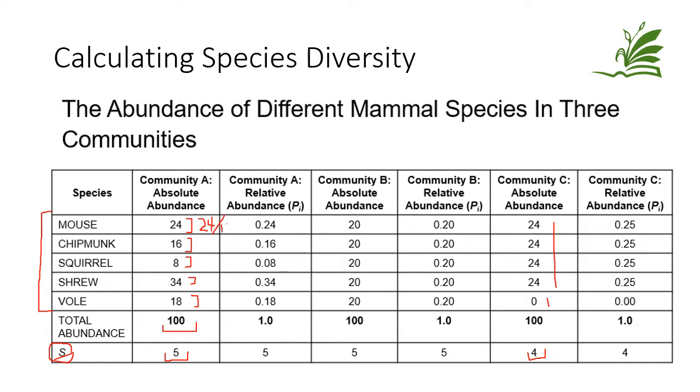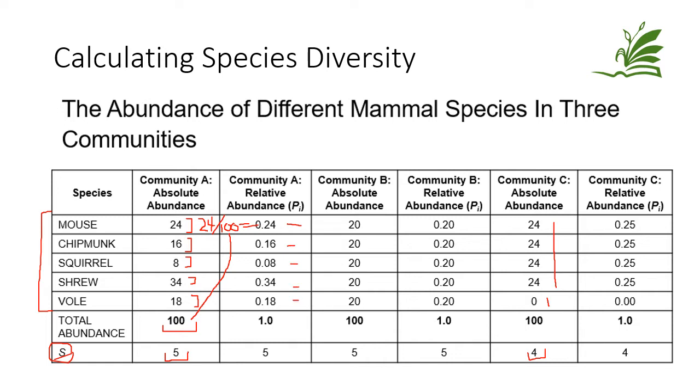So it would be 24 divided by 100 is equal to 0.24, where 100 comes from the total abundance, which is simply the sum of all individuals of all species within a community.